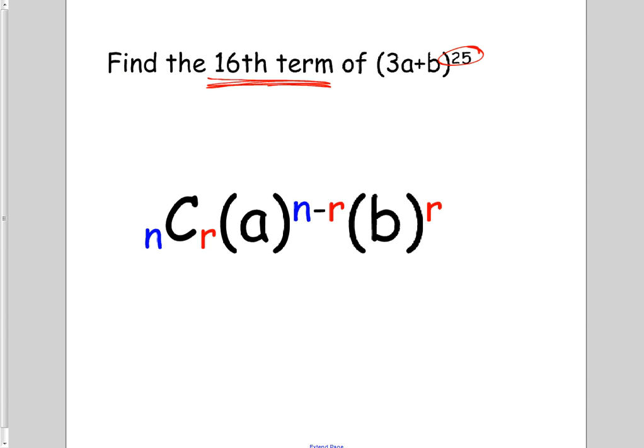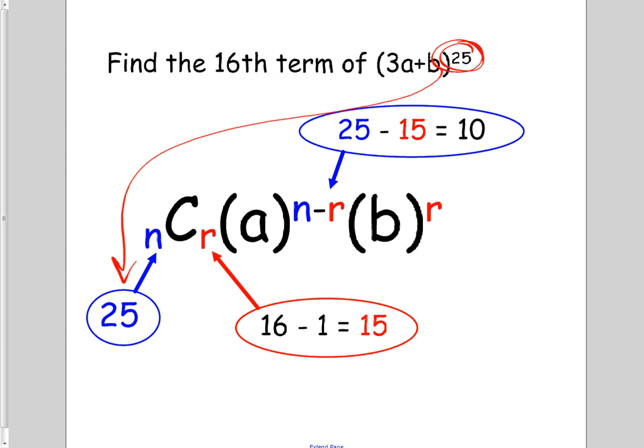Back to my problem, I'm looking for the 16th term. We said we always use 1 less than the term, so this r value is whatever term they're asking for, subtract 1. That's the number that goes here.